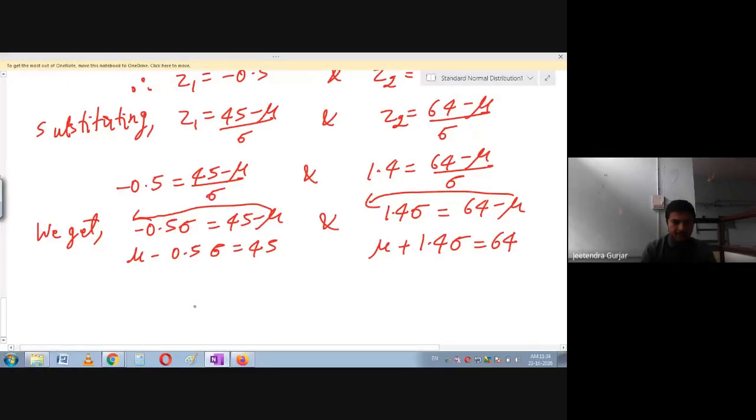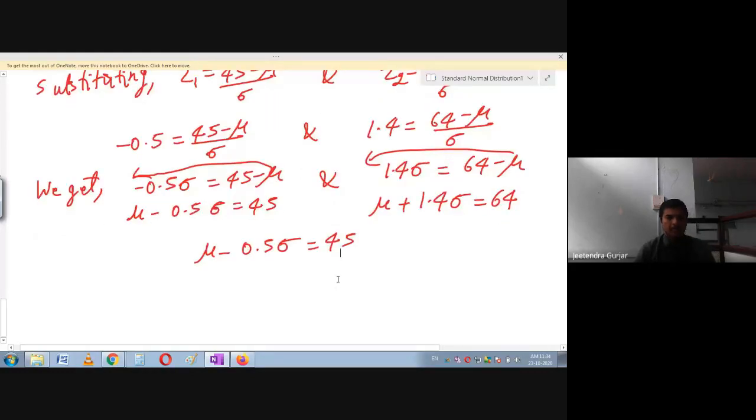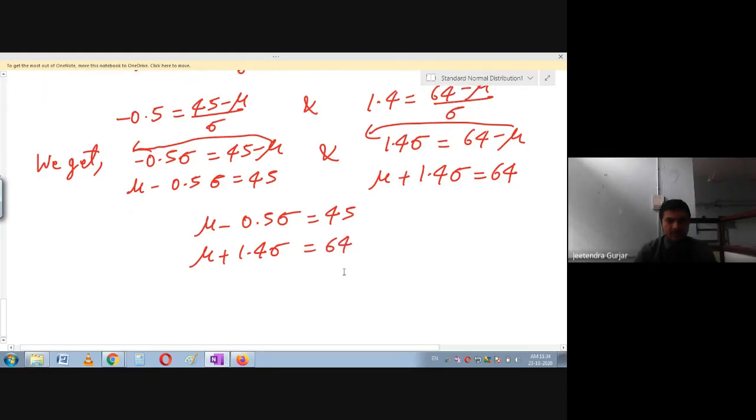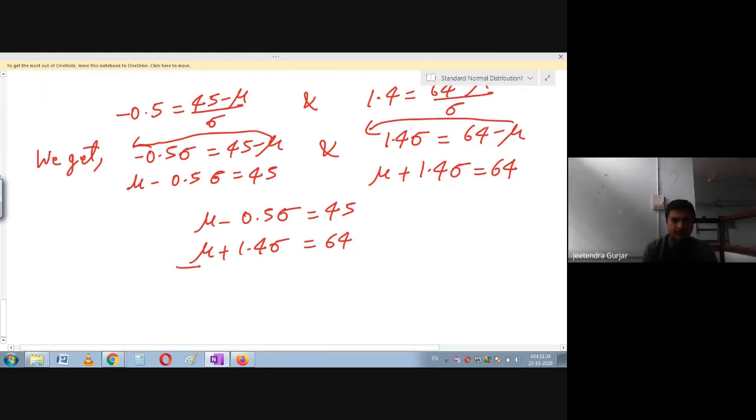Here I take mu minus 0.5 sigma equal to 45 and mu plus 1.4 sigma equal to 64. Please, can you find the value of mu and sigma, Harshada? If it is possible to calculate in the calculator, please calculate. Otherwise, I will calculate manually.